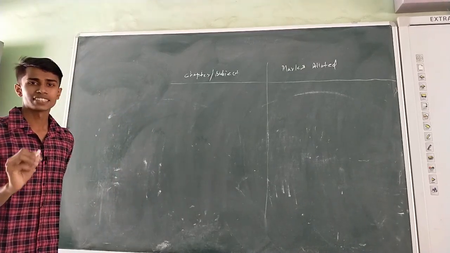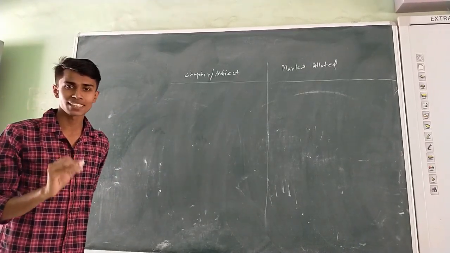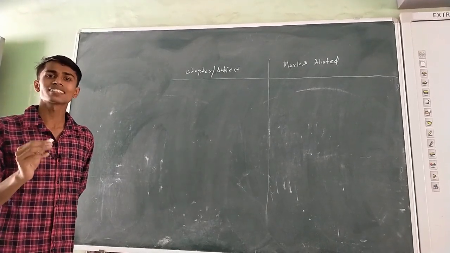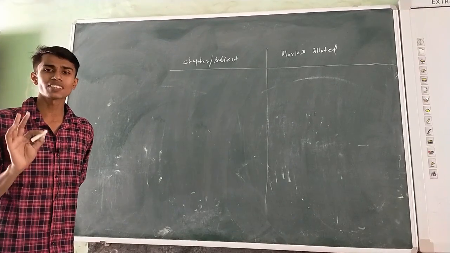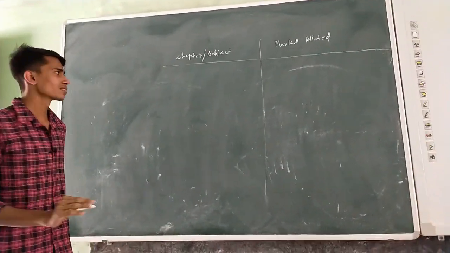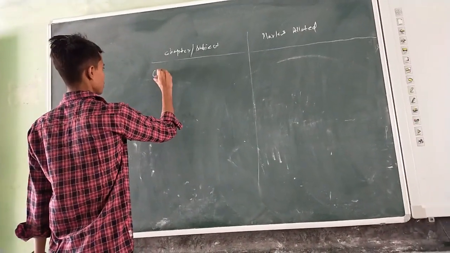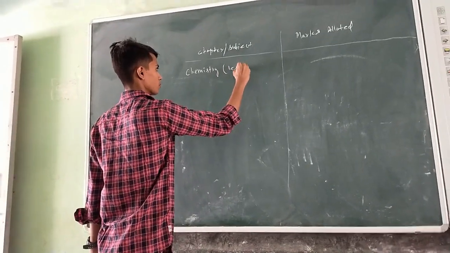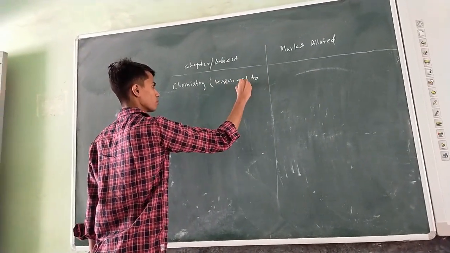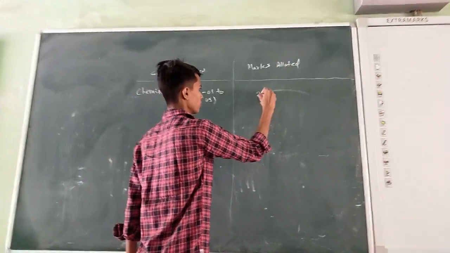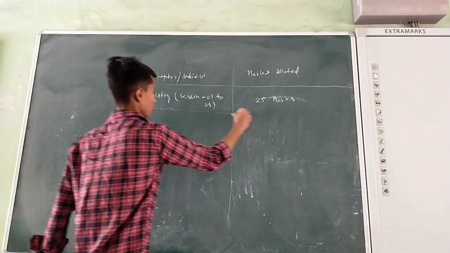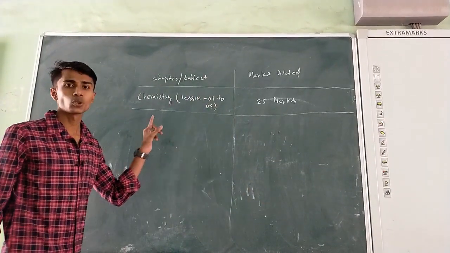The whole chemistry, chapter number 1 to 5: chemical reactions and equations, acids, bases and salts, metals and non-metals, carbon and its compounds, and the periodic classification of elements contain 25 marks out of 80 marks in board. Of course, whole chemistry is too vital.